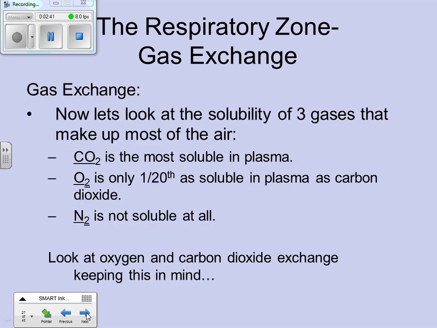And that's where we get into the differences. So CO2, or carbon dioxide, is the most soluble. It'll move between the gas and the liquid easily on its own. It's very independent. It doesn't need any help. Oxygen, though, is only 1/20th as soluble, so it needs a little bit of help. And if you think back to our blood unit, what helps oxygen move around in the blood?